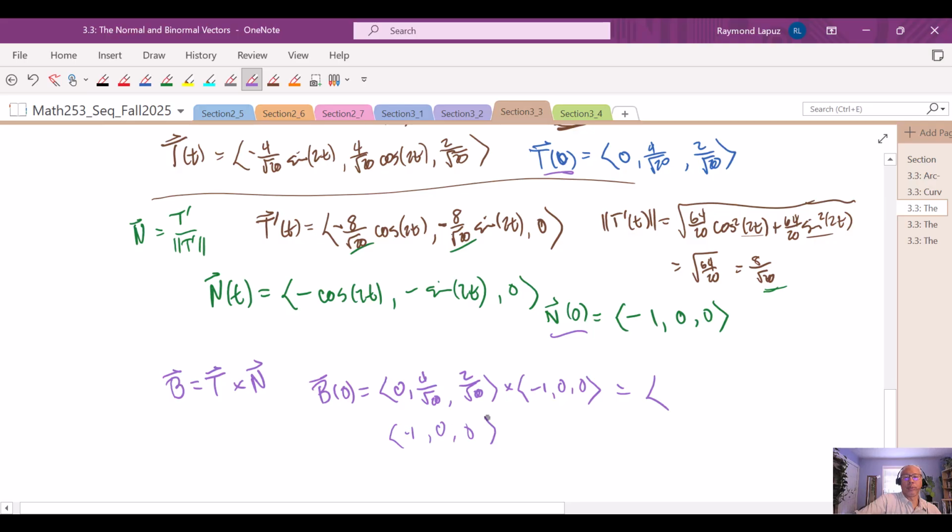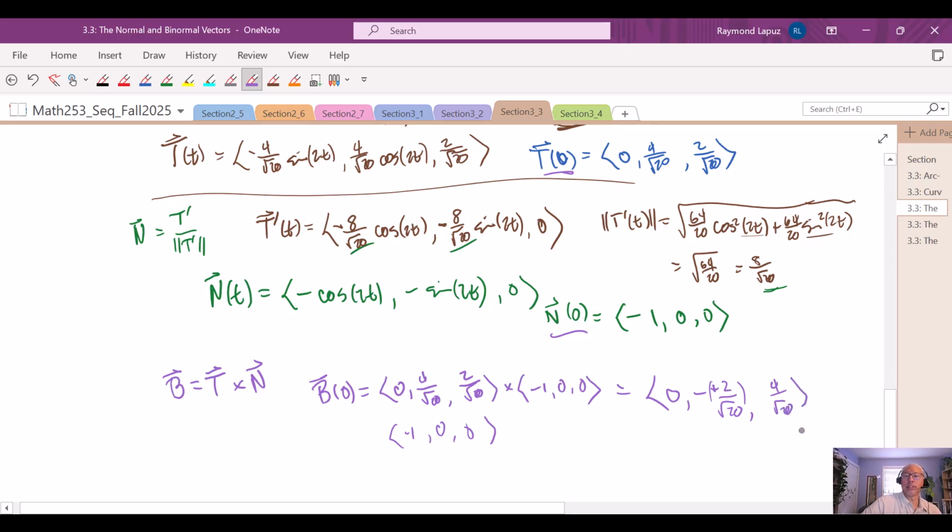So the cross product will be, if you imagine this written vertically, negative 1, 0, 0. The first component would be 0 and 0. The second component would be negative, and then that's negative, negative, so that's a positive 2 over root 20. So there's a positive here that makes this a negative eventually, and then the last component would be a 0 minus negative 4 over root 20.